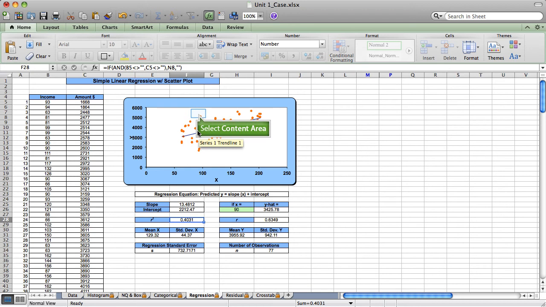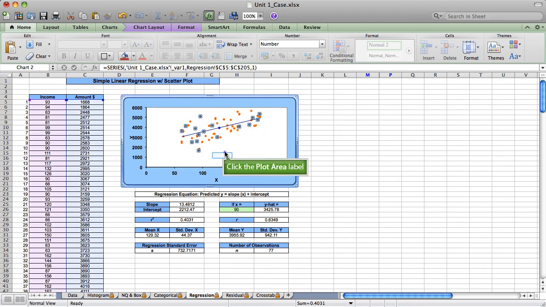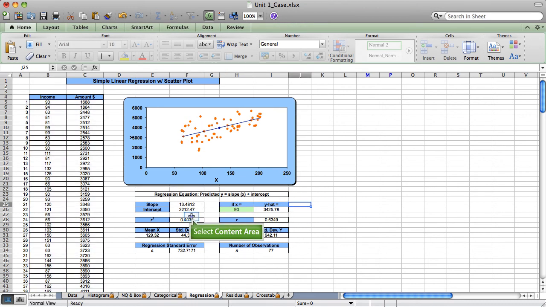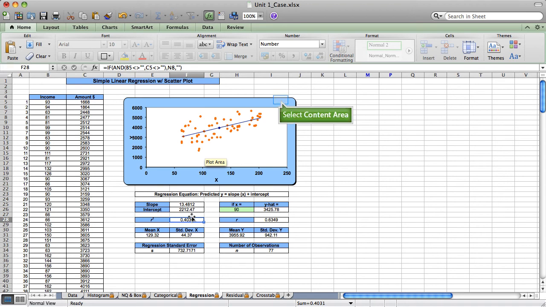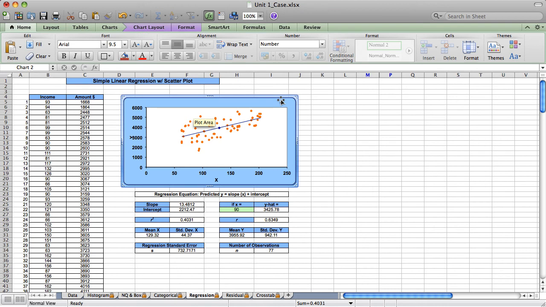If there's less residual, in other words, if all of my data points are closer to the regression line, R squared will be closer to 1. If the data points are spread out more around the regression line, then R squared will be closer to 0.